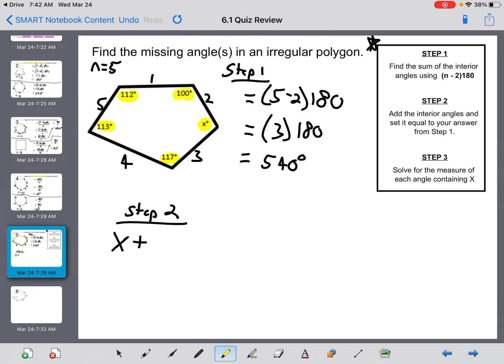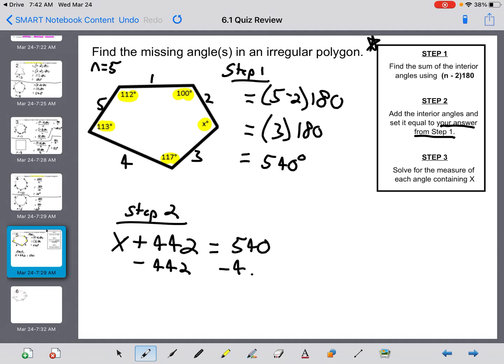So in our calculators, we add 117 plus 113 plus 112 plus 100, and we get 442. And we're going to set that equal to our answer from step 1, which was 540 degrees.